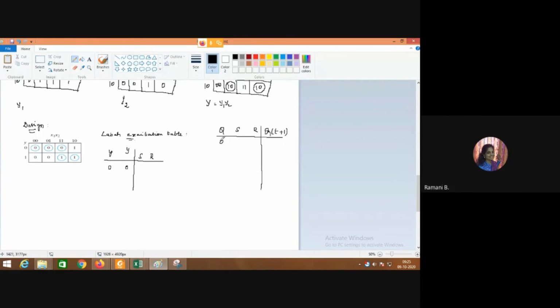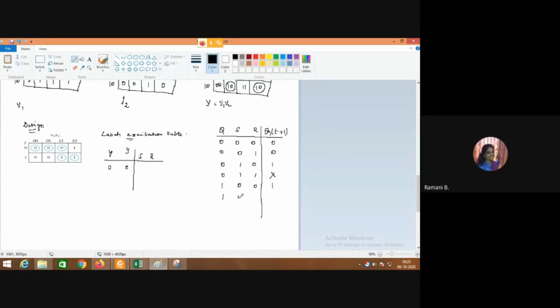So when the present state is 0 and the input is 0, 0, our next state is also 0. For 0, 0, 1, it is reset condition, so 0. For 0, 1, 0, it is set condition, so a 1. For 0, 1, 1, it is forbidden condition. So we give this don't care. Then 1, 0, 0, it is no change condition. So the output is 1.